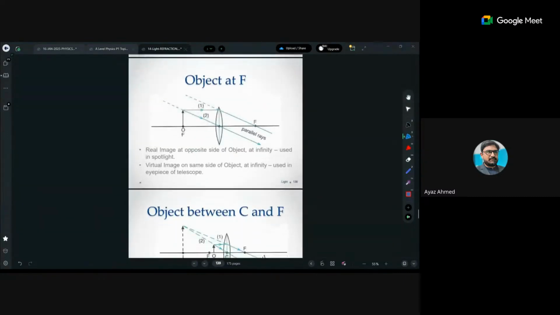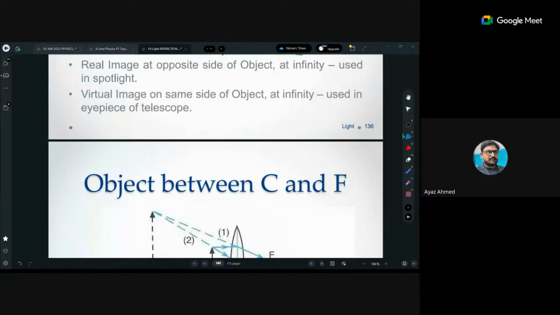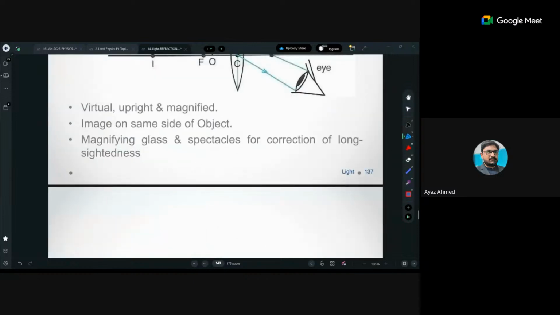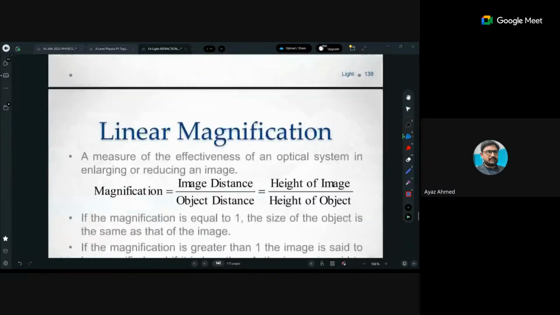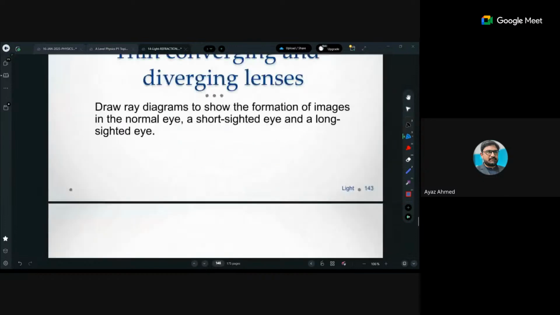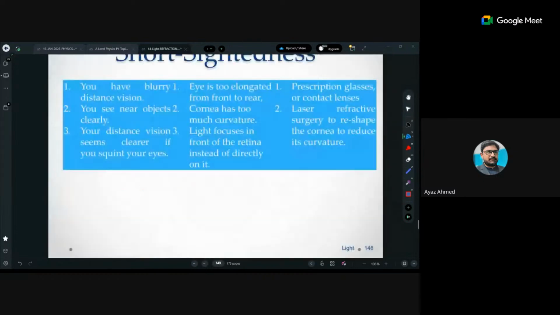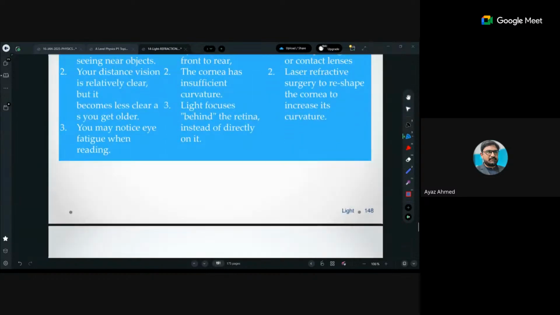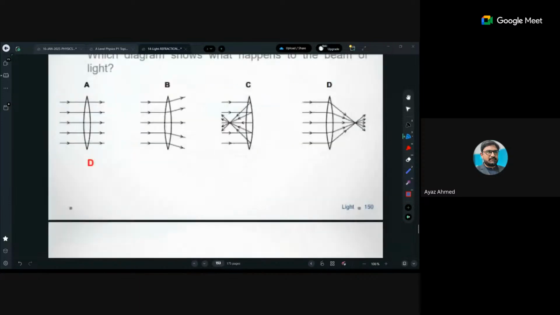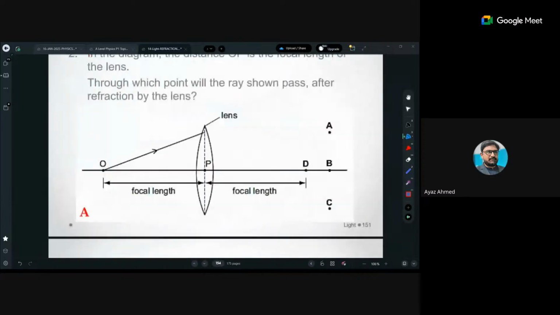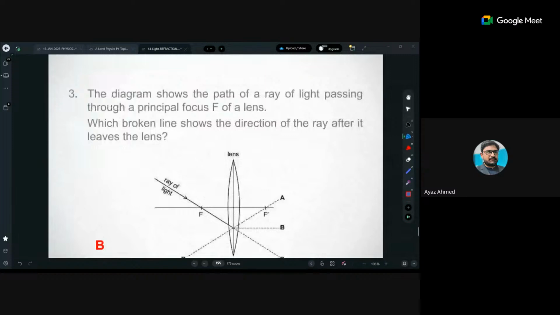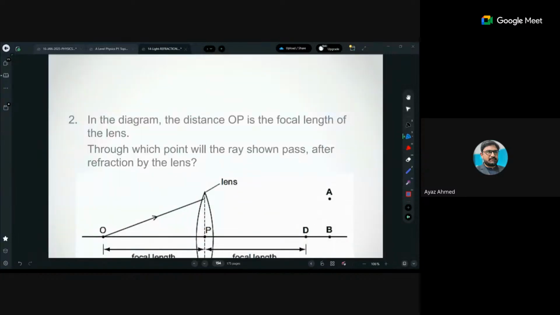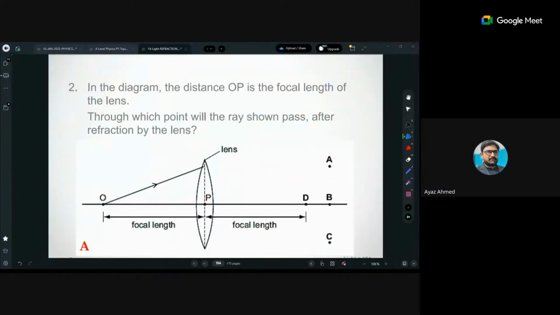Now I would request you, it's not a compulsion, although it is my responsibility to make all of this clear, but I request that you go through the lens image formation, and with its help go through these questions. If the object is here and the light ray is reaching the lens, it would become parallel, right?